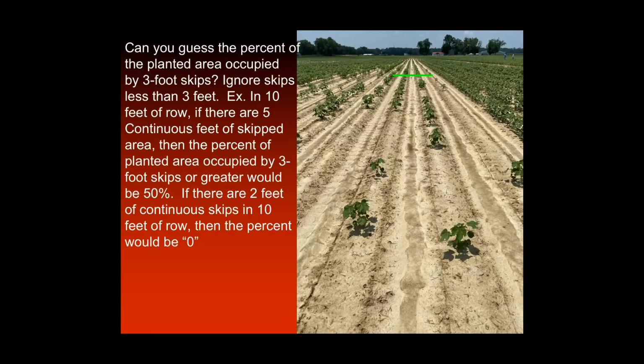In that same scenario, if you have 10 feet of row and there's only 2 feet of skipped area, then you would completely ignore that because that's less than 3 feet. So that would be 0. So you only want to make sure you're considering 3-foot skips or greater. Take a minute and see if you can guesstimate what the percent of the planted area is occupied by 3-foot skips or greater.